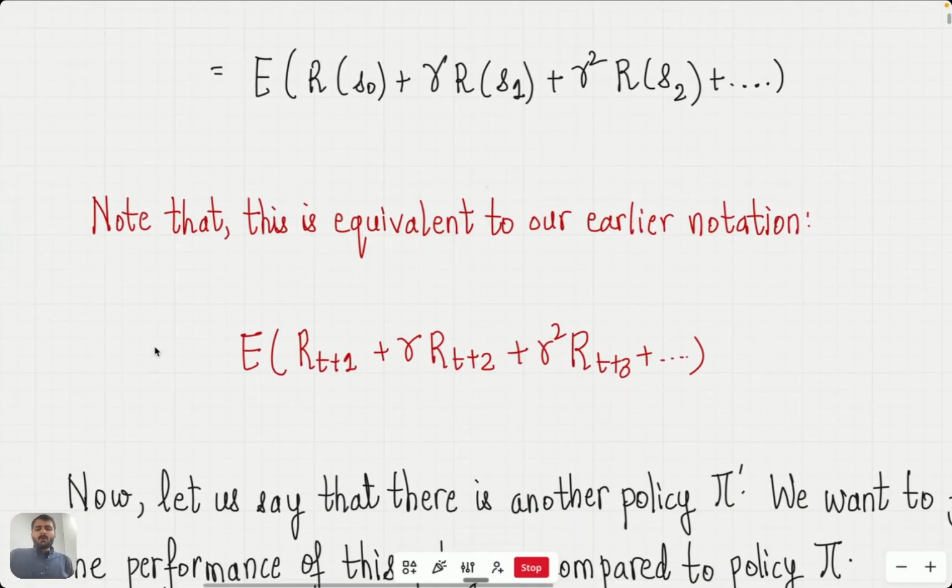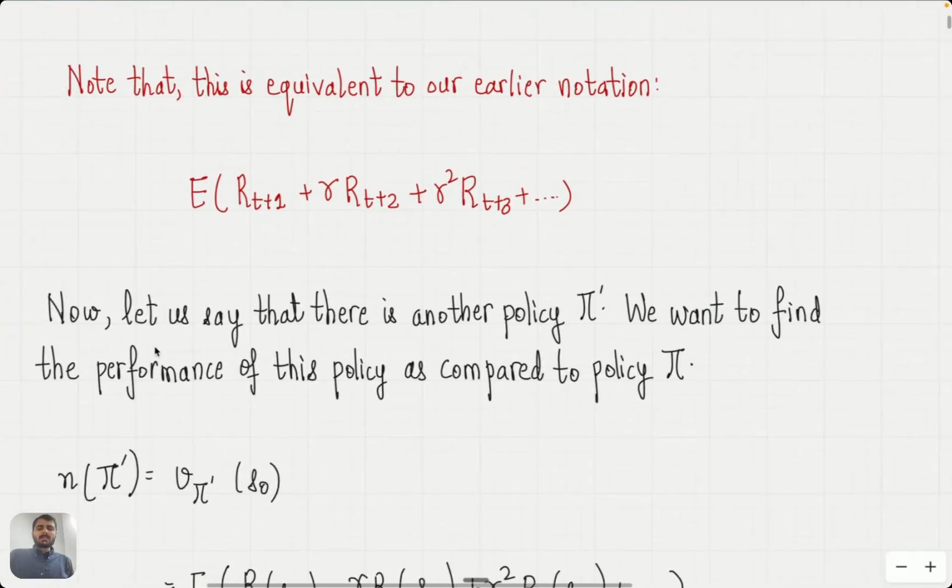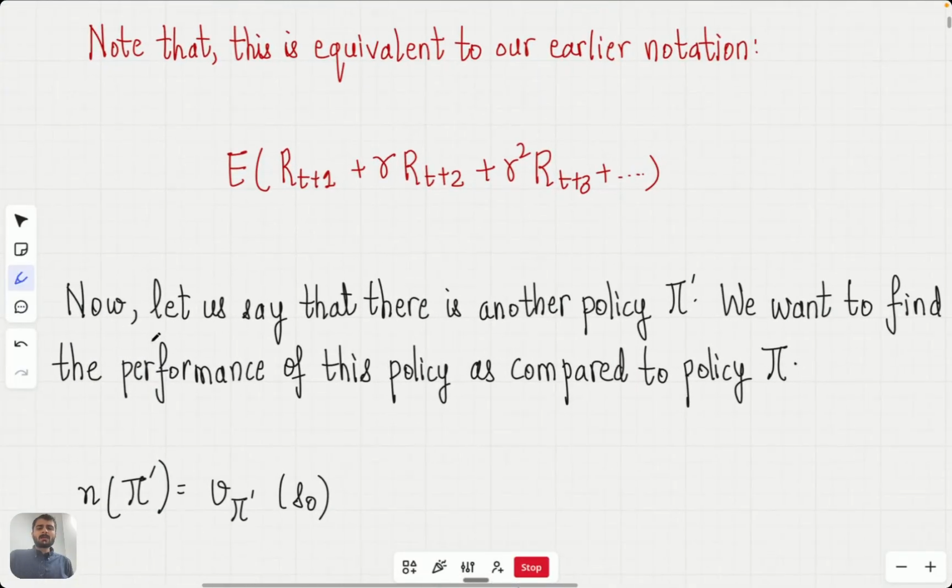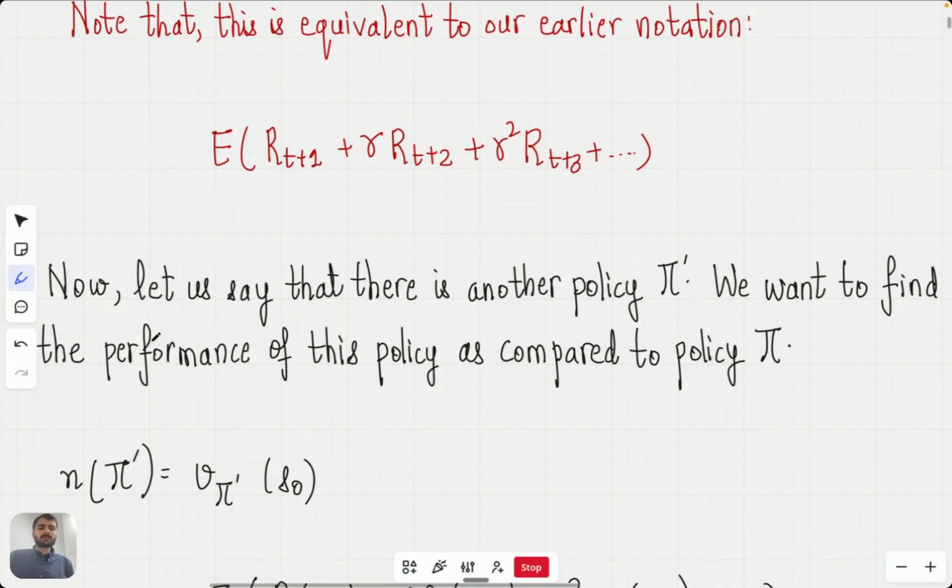Now, let's say that there is another policy pi dash. The crucial question that we will answer in this entire lecture is, for the policy pi dash, let's say I define the performance measure as n of pi dash.